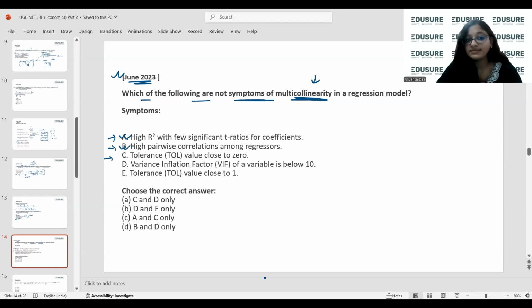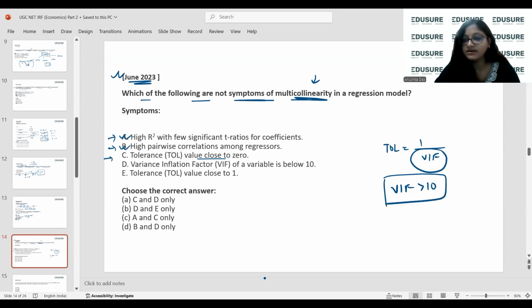Tolerance value is close to 0. What is tolerance? Tolerance is basically 1 upon the VIF. Now, what is VIF? VIF is the variance inflation factor. This is the main metric that helps you to understand multicollinearity. If the VIF value is greater than 10, this is basically showing the variance of the estimators. Suppose you have two parameters, alpha and beta, you find out the variance of alpha and variance of beta.